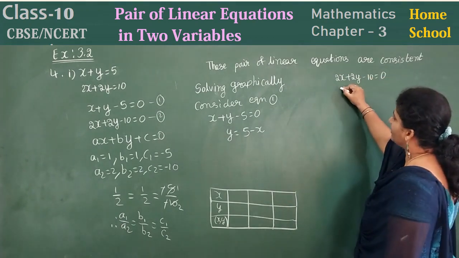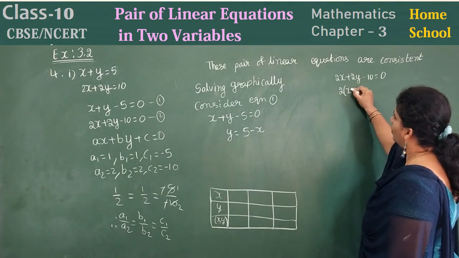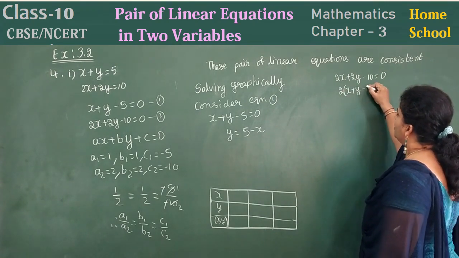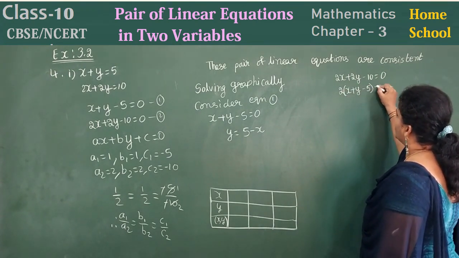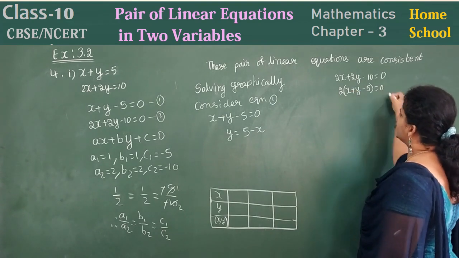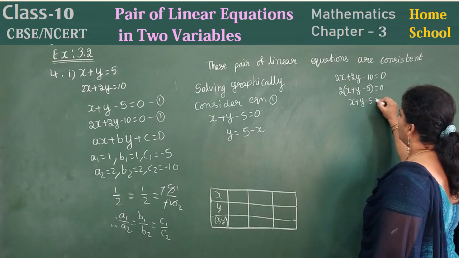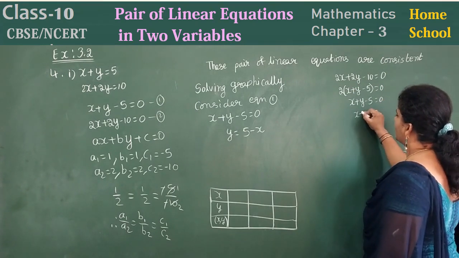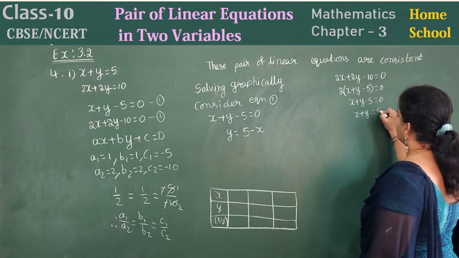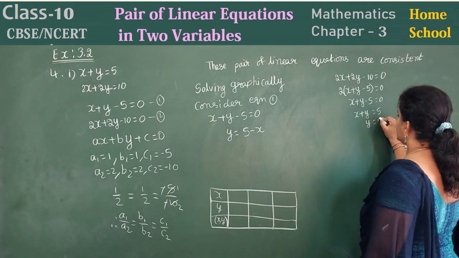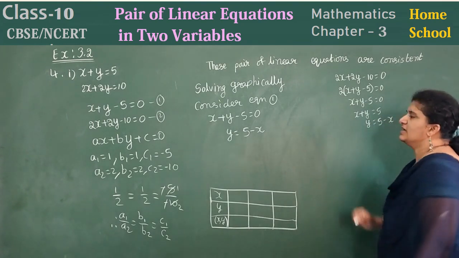Observe here, children, if I take 2 common, what happens? x plus y minus 5 equal to 0. If you send this 2 to this side, 0 by anything will be 0. So x plus y is equal to 5 and y is equal to 5 minus x.